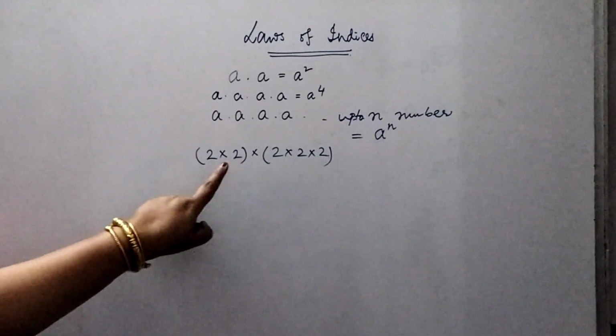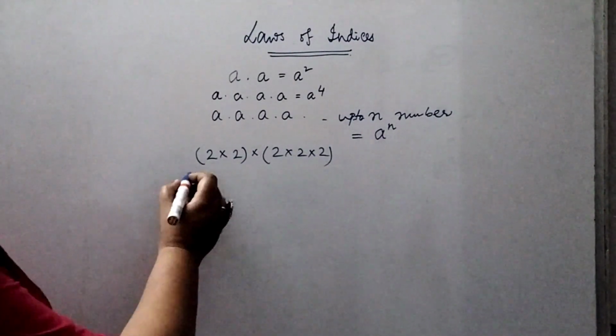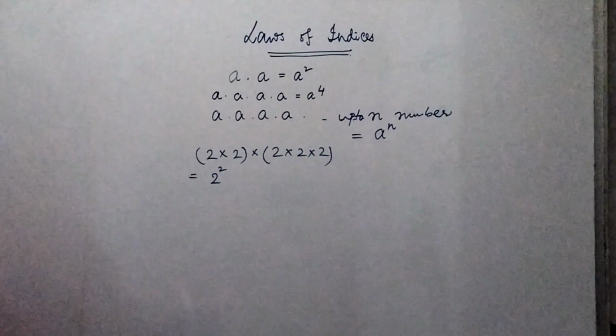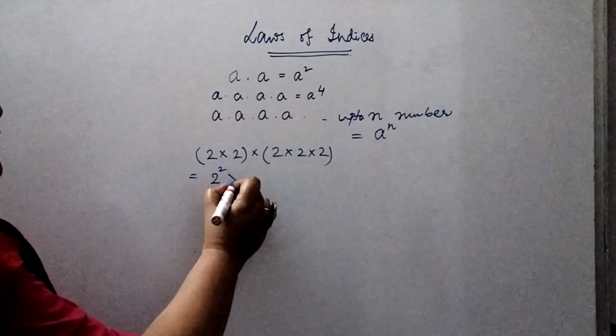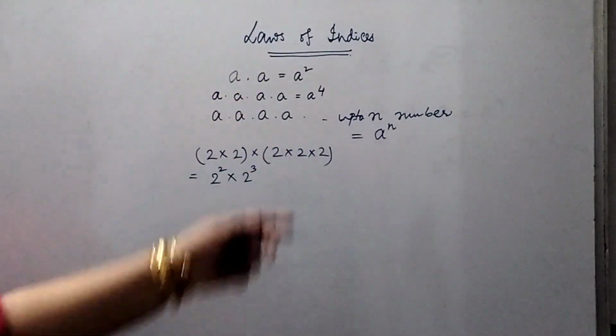Considering each bracket separately, we get 2 into 2, which means 2 squared. And 2 into 2 into 2 will give us 2 cubed, that is 2 to the power 3, as per this index rule.